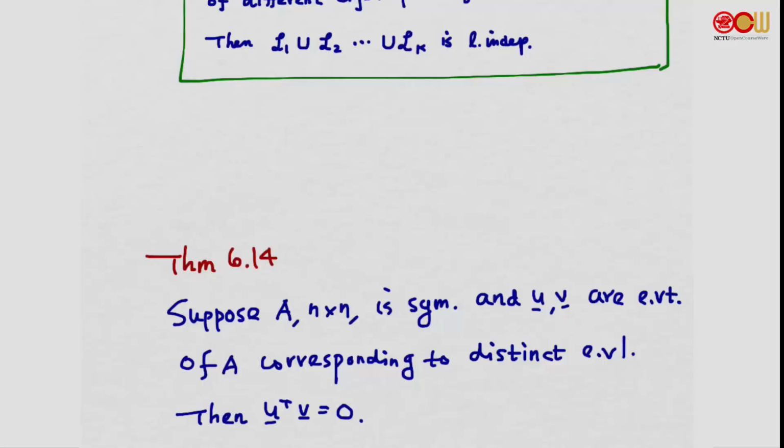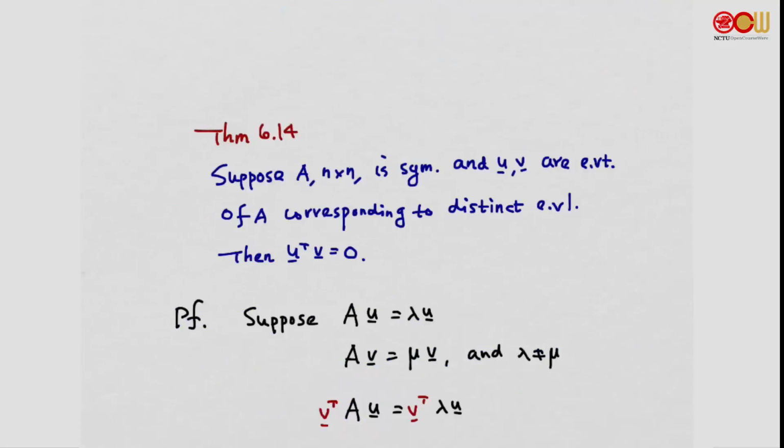From earlier results, we know u and v must be linearly independent. But now we have the additional condition that A is symmetric, so we can say more. That is, u and v are not only linearly independent, they are orthogonal. Let's prove the theorem.